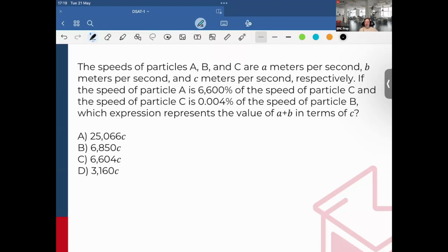So the speeds of particles A, B, and C are A meters per second, B meters per second, and C meters per second, respectively.